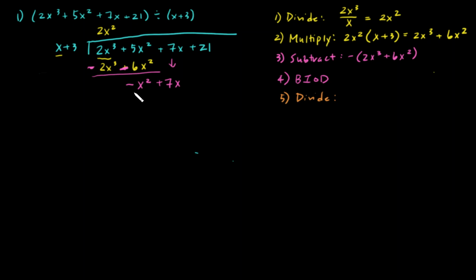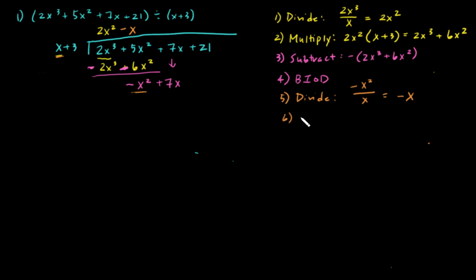What do you divide? We divide this first term with the first term of the divisor. So we have a negative x squared divided by x. So we end up with a negative x. Okay, that goes as part of our answer in the quotient.